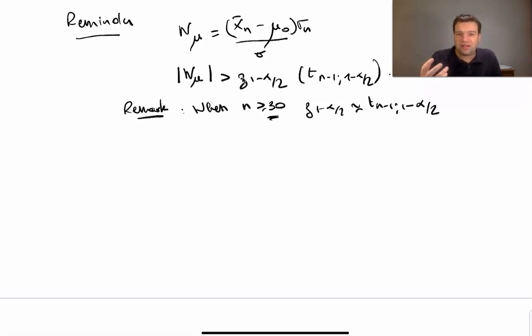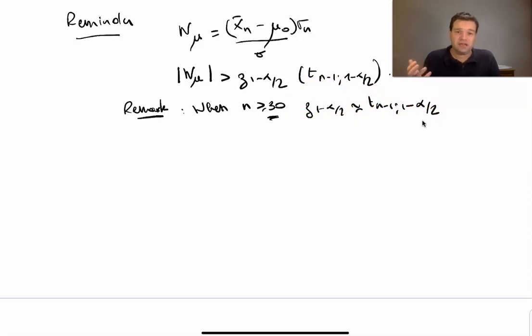Okay, therefore in this case where we use the central limit theorem for n larger or equal to 30, that means a test which is asymptotic. In this case also what we can say is that the student distribution with n minus 1 degrees of freedom is really similar to the normal distribution. That means that in this case we can exchange the quantile z 1 minus alpha divided by 2 for the quantile t n minus 1, 1 minus alpha divided by 2.